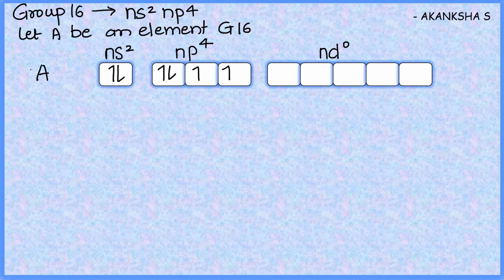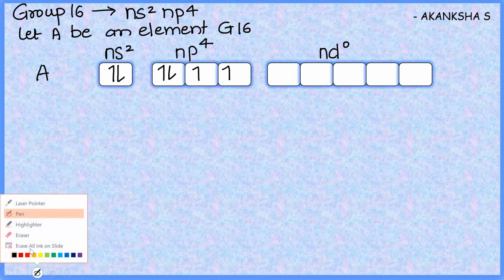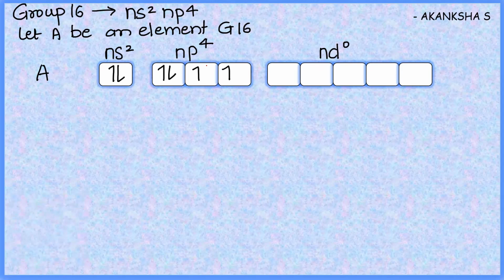Okay. Now, what happens over here? Whenever we are looking at oxidation state, how do we go about it? See over here. We have two unpaired electrons over here, correct? So if two electrons are lost by this element, what charge would this element gain? +2.